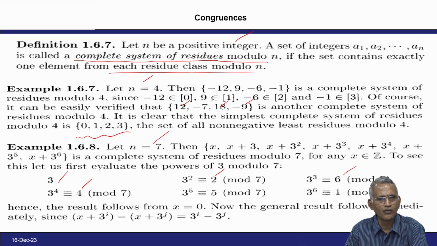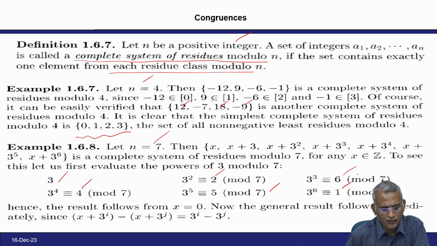So we have 3 power 5, which can be expressed as 3 cube into 3 square. So we have 12, which under modulo 7 is 5. And 3 power 6 is 3 cube into 3 cube, which is 6 into 6, 36, and under modulo 7 is 1. So we can write one number in terms of another number in terms of the modulo.